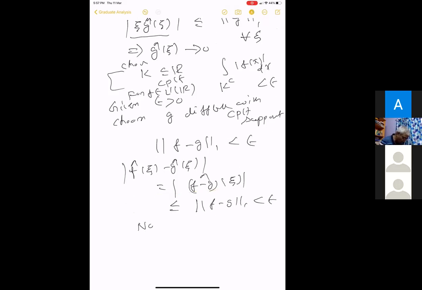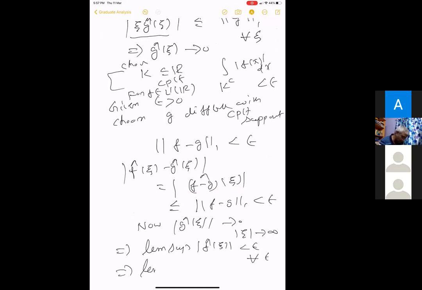Now g hat z, its modulus goes to 0 as z goes to infinity. This implies the limsup of the modulus of f hat z is less than epsilon for all epsilon.